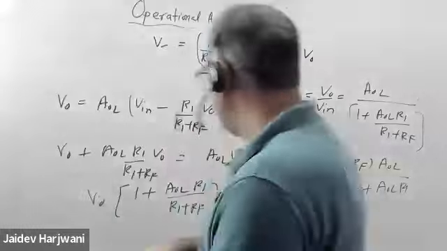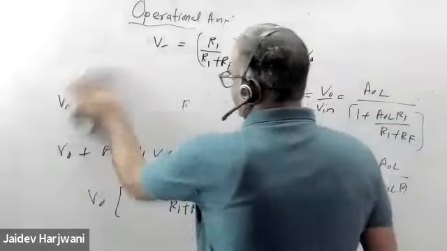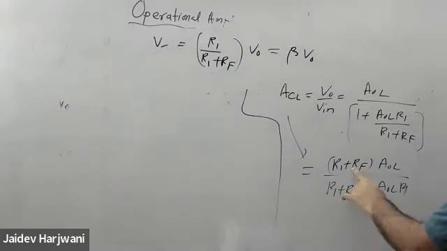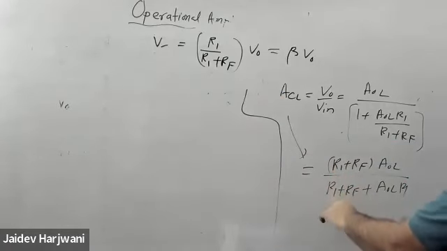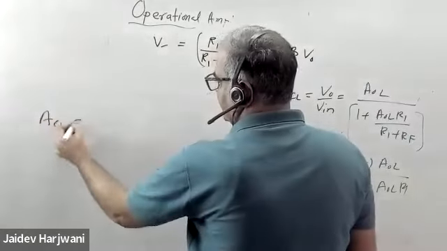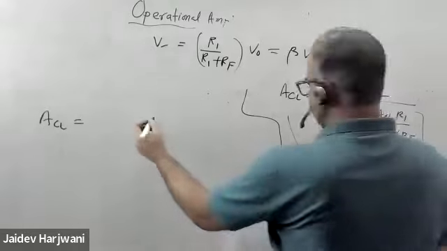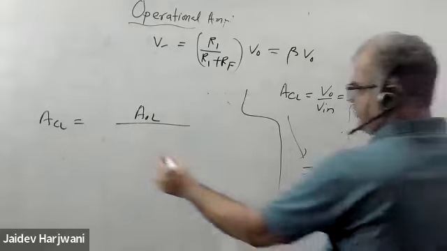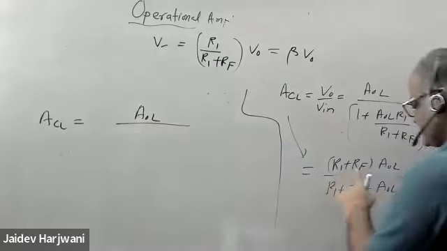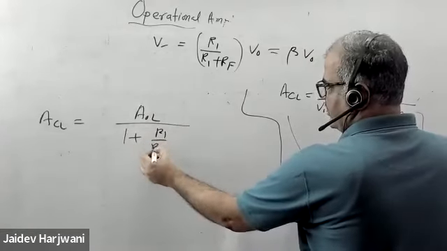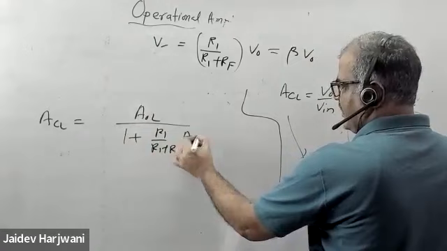Generally, if I want to write this in terms of beta, so my beta is like this. What you do, you divide by this thing. So you have closed loop gain ACL, which you can also write as AOL upon, if you divide by R1 plus RF, 1 plus R1 upon R1 plus RF times AOL.